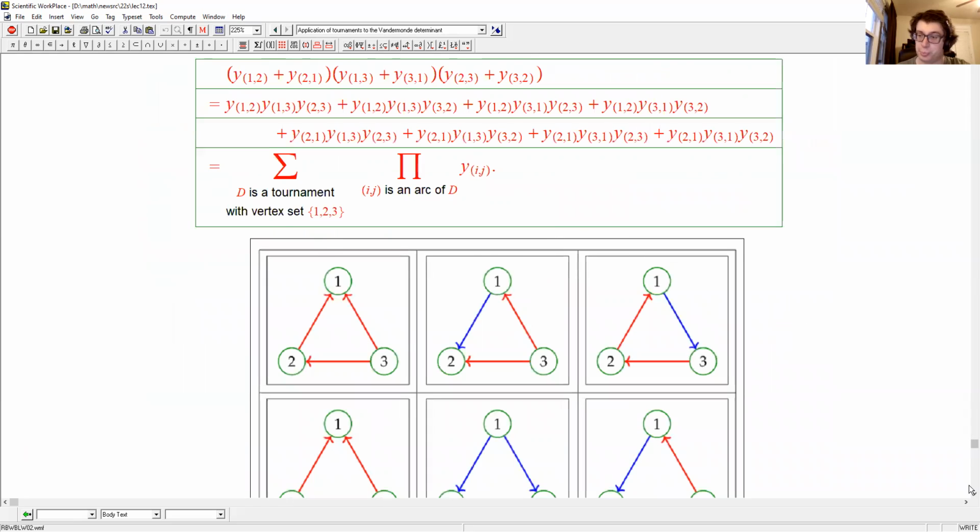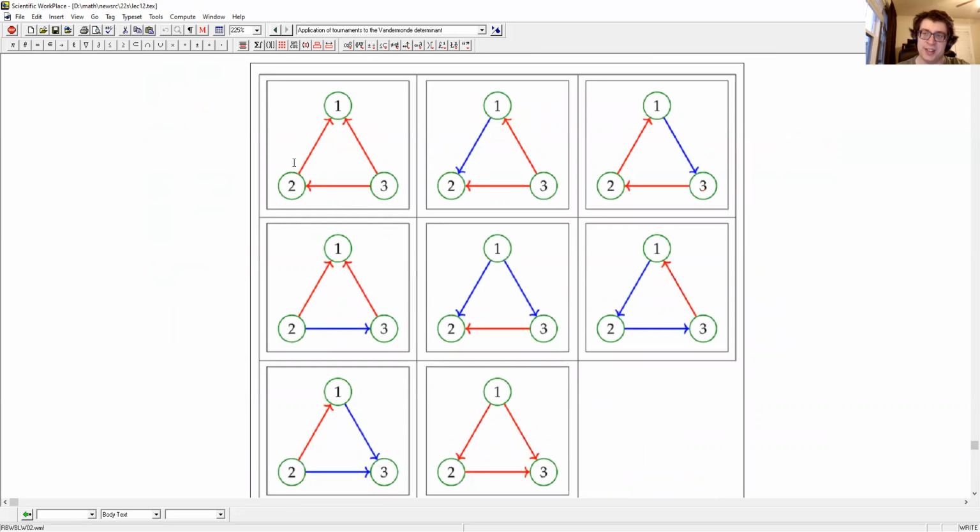For example, in this case, for n equals 3, this tournament and this tournament have the same in-degree sequence, 1, 1, 1. Basically, because this is a cycle that goes 1, 3, 2, and this is a cycle that goes 1, 2, 3.